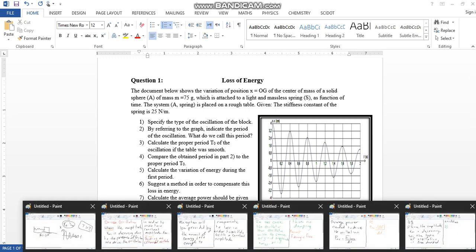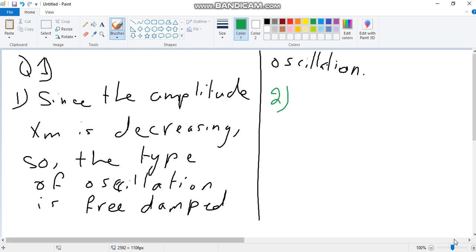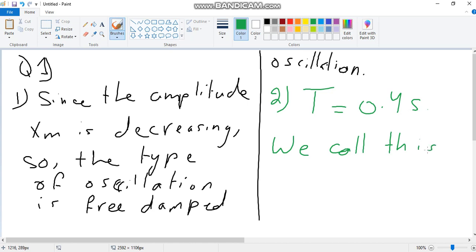In this case we call the pseudo period T, by referring to the graph, equal to 0.4 second.